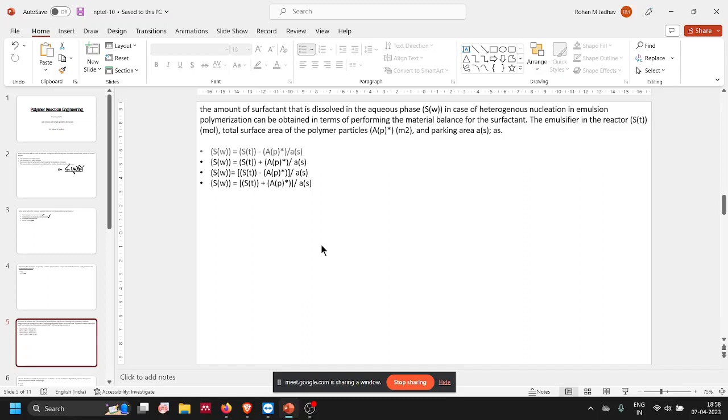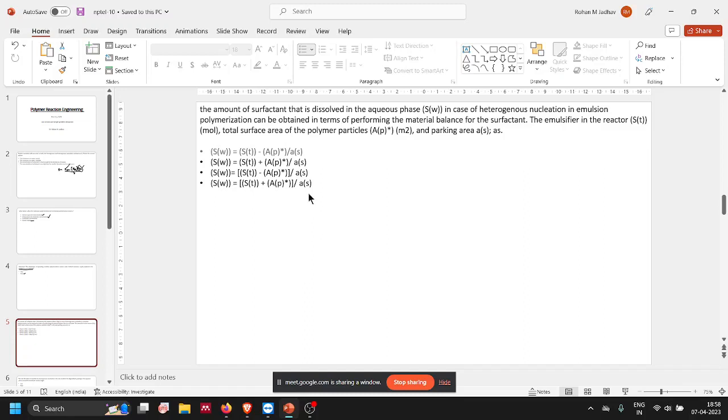Since we have seen in the previous question that the surfactant concentration, determined by the number of micelles in the reactor, is a very important parameter in determining heterogeneous nucleation, performing a material balance on the surfactant will help us determine the emulsifier in the reactor, Sp moles, and the total surface area of the polymer particles.